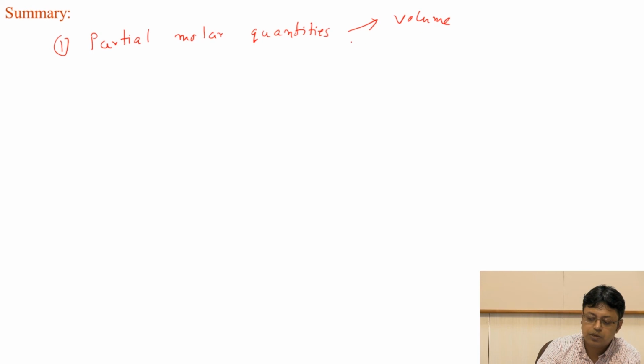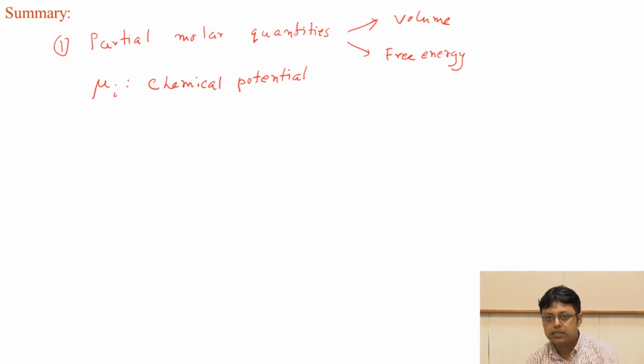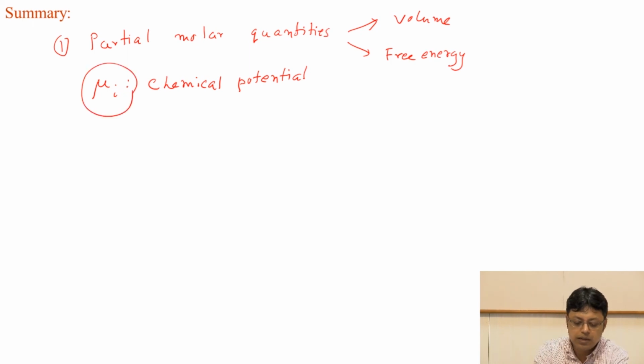One, we discussed the partial molar volume, and then we switched to the partial molar free energy, and we discussed that this free energy change, which is basically the chemical potential, is a very general concept, and you don't have to always express it in terms of Gibbs free energy. You could also express it in terms of internal energy, enthalpy, and so on. So mu i is a very general thing, and then we derived an expression for mu i.